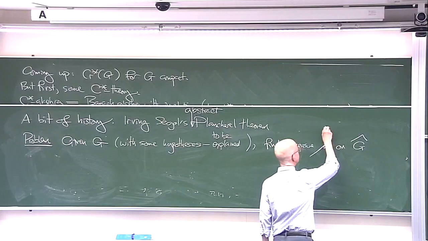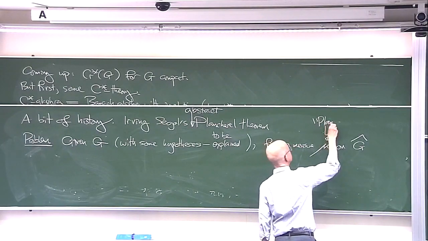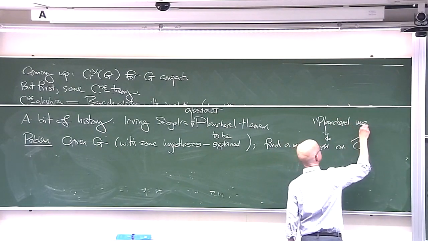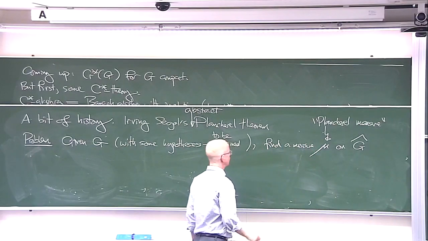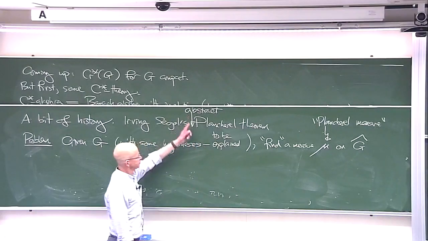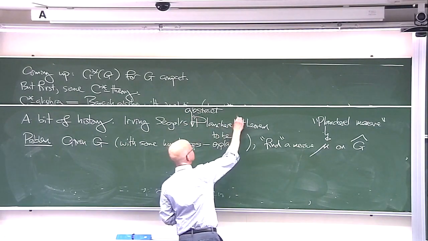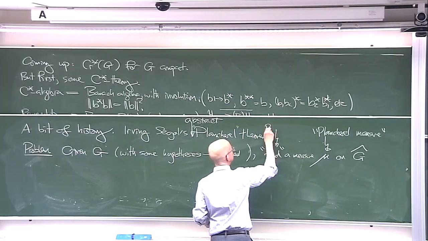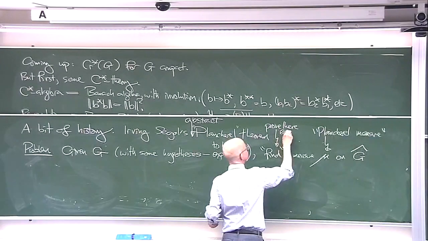And this object here is going to be called a Plancherel measure because it will appear in a sort of Plancherel type theorem. In fact, I said this theorem is abstract, so the first thing you might want to do is prove that one exists.